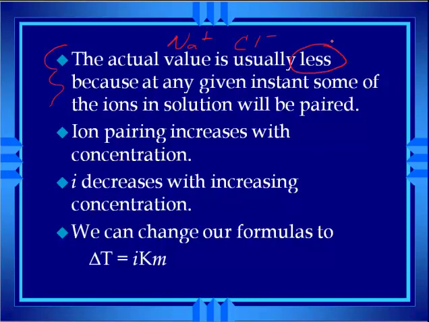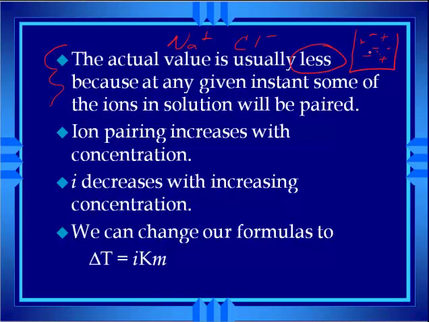And you could probably imagine why. Imagine a big beaker full of pluses and minuses. They're just floating around, right? Now, every once in a while, a plus will come close to a minus, in other words, a cation will come close to an anion.